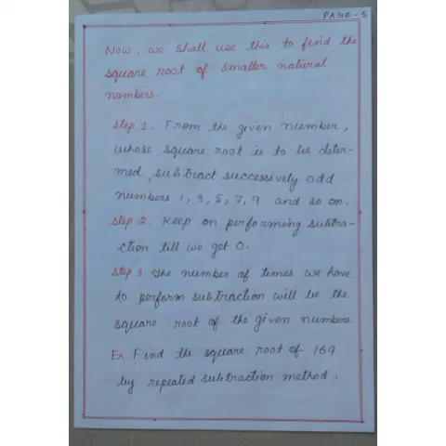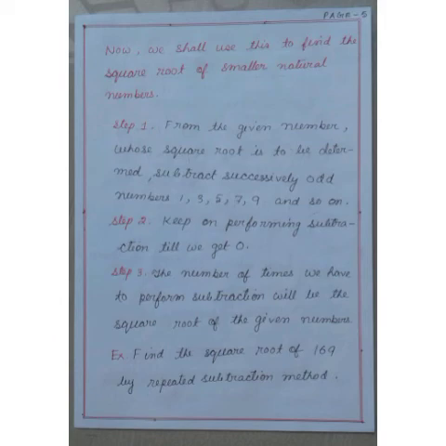Step number 2. Keep on performing subtraction till we get 0. Step number 3. The number of times we have to perform subtraction will be the square root of the given number. By following these steps, we have to find the square root of 169.